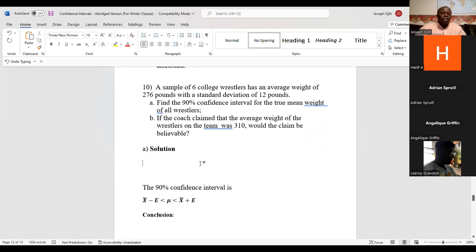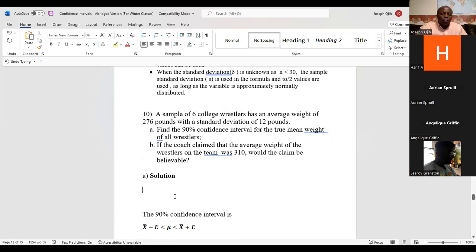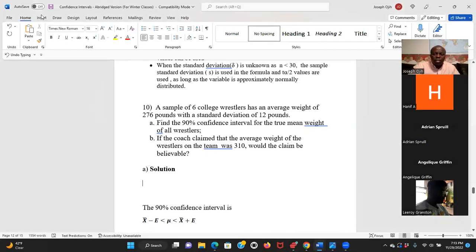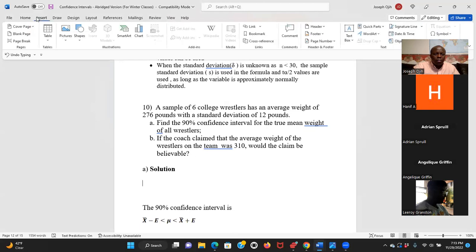Now, again, let us list our values. The mean: you can insert the mean from here.